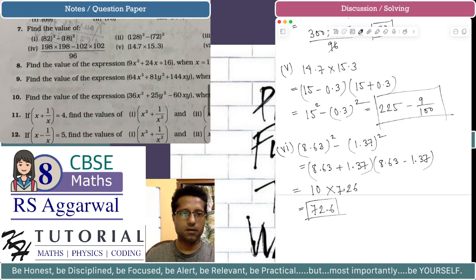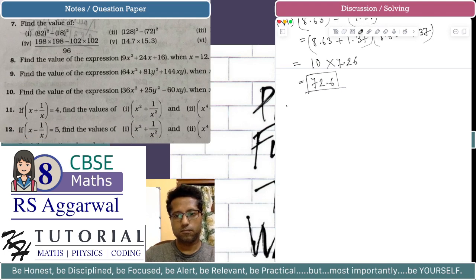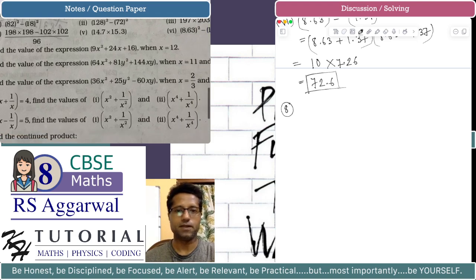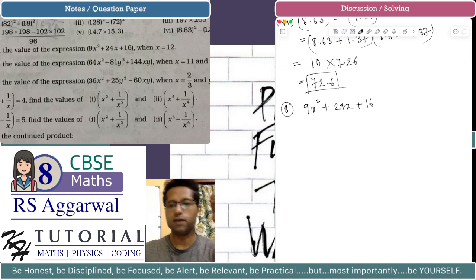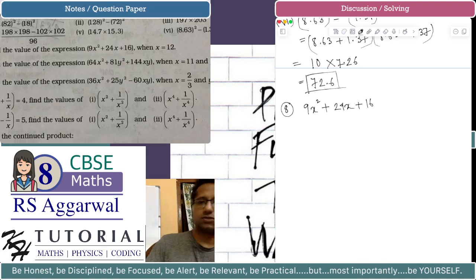Let's do problem number 8. Find the value of the expression 9x square plus 24x plus 16 when x equals 12. So the given expression is 9x square plus 24x plus 16. We have to find the value of this expression when x equals 12. Now if you try to directly put the value of x as 12 in this expression, it will be a lengthy calculation.